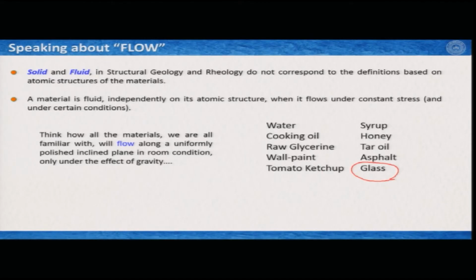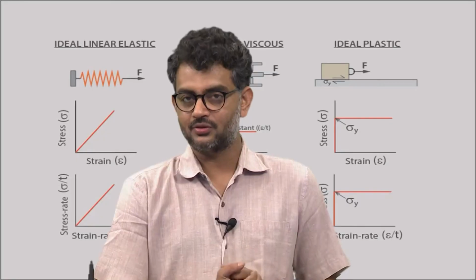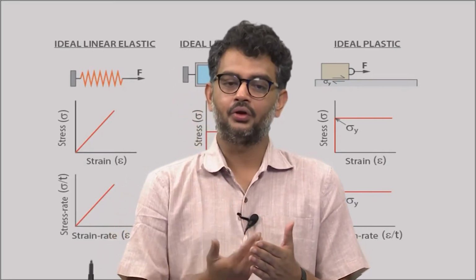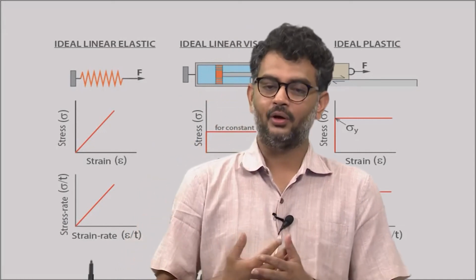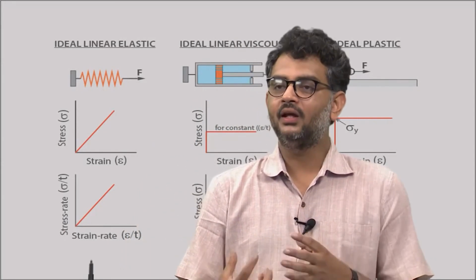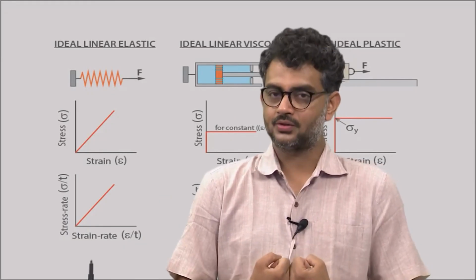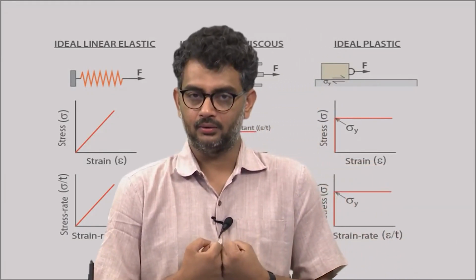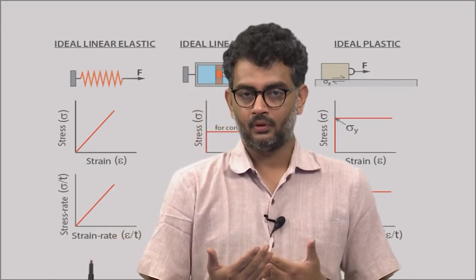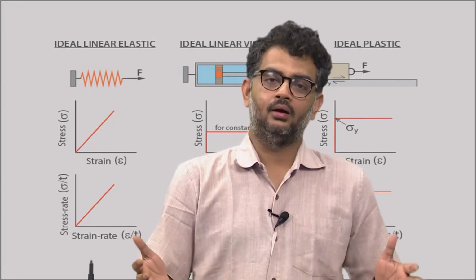Now, we generally classify all of them as fluid. So, the difference between water, cooking oil, raw glycerine, tomato ketchup and asphalt and so on, there is something in their material properties, that they are fluids, but they flow differently under the same conditions.